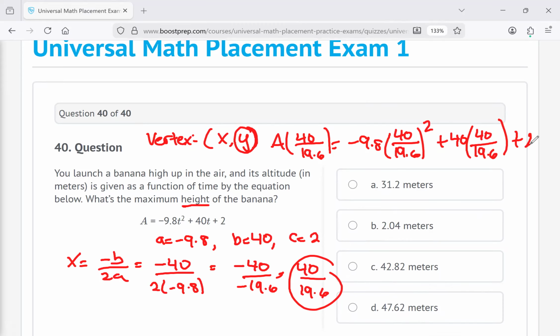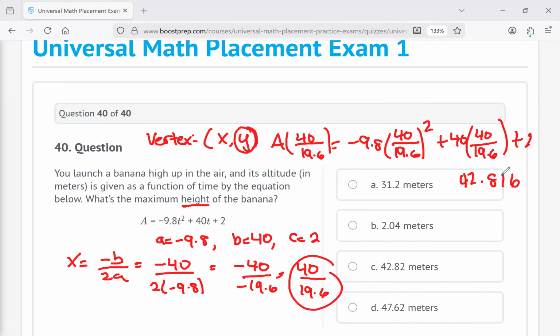Okay, so put that in the calculator. I get 42.8. 42.816.